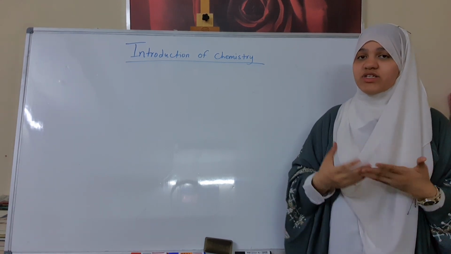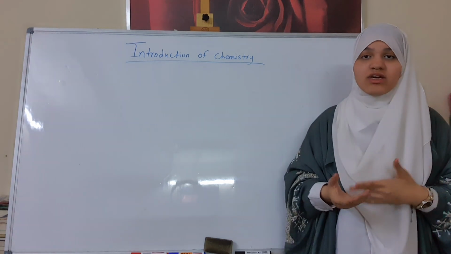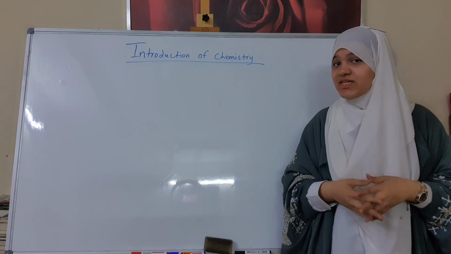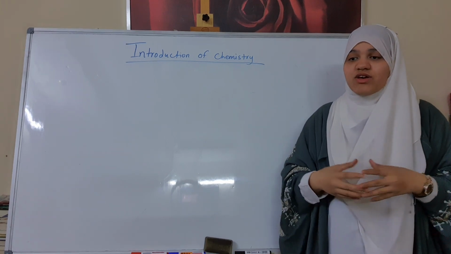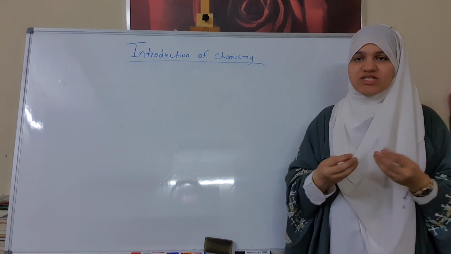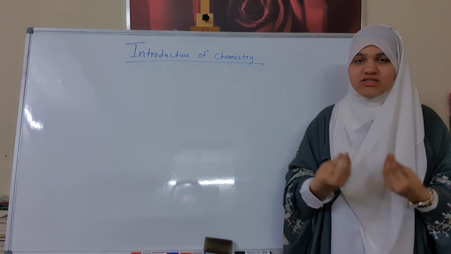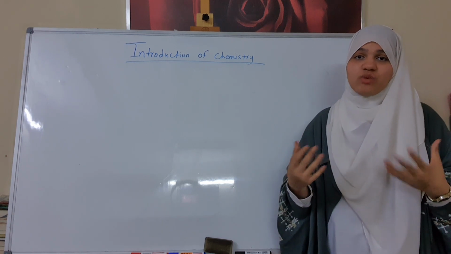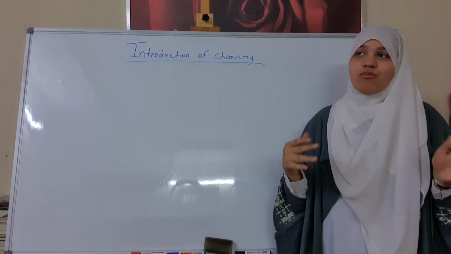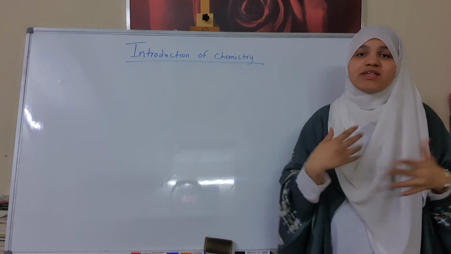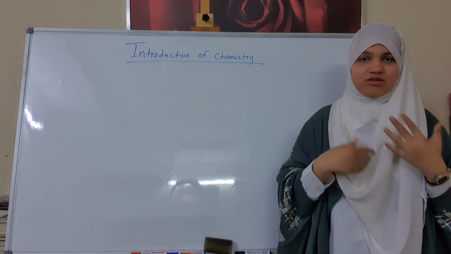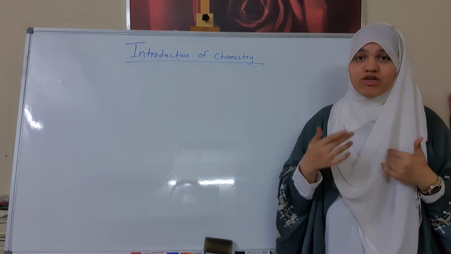Also, for example, when you are eating or drinking coffee or other things, what kind of chemistry is it? You are going to get biochemistry. It's a kind of biochemistry because you are eating something that makes your organs work by using this food.